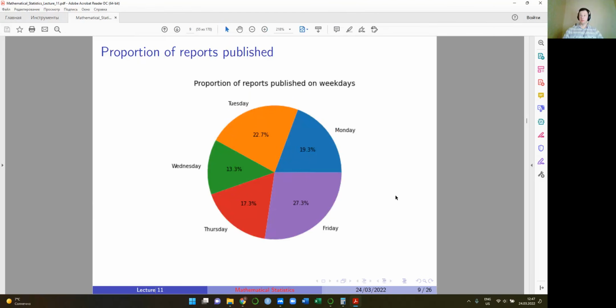So this is the usual way we visualize this type of data, a pie chart. We see the proportions of firms who publish their reports on Monday, 19%, Tuesday 23%, Wednesday 13%, Thursday 17%, and on Friday 27%.